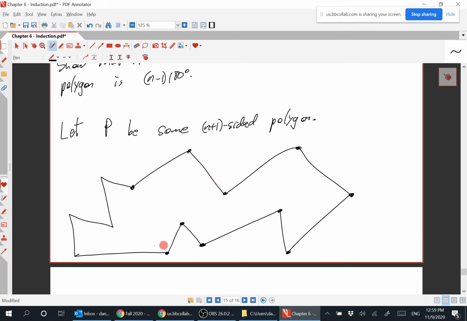Okay, so here's my n plus 1 sided polygon, P.